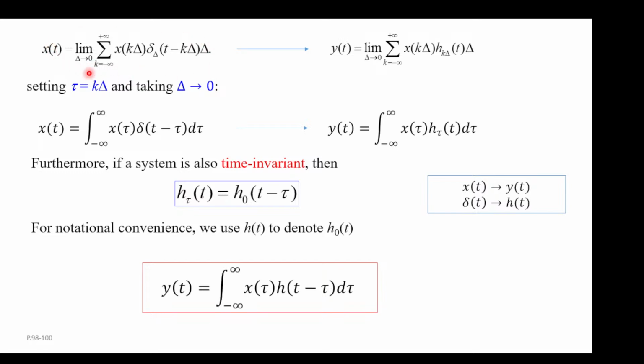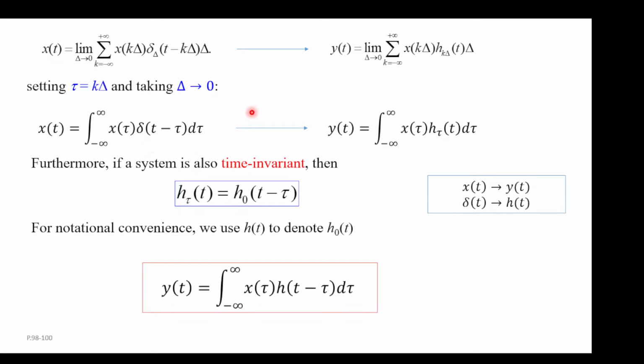That's how we take this expression with the limit triangle going to 0 and get this nice integral: x of t equals the integral from minus infinity to plus infinity of x of tau delta of t minus tau d tau. And this makes sense because this is the shifting property you have seen. Okay, does everyone understand so far?